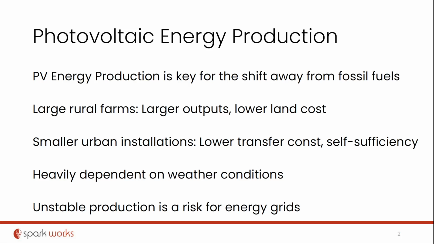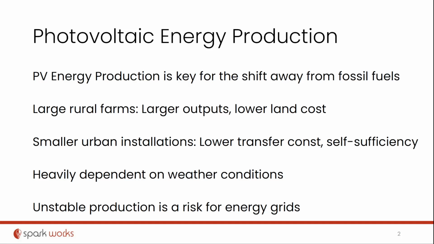Such installations are also heavily dependent on the weather conditions in the nearby areas, as the solar radiation that is received from the panels themselves can be heavily affected when there is rain or cloudy weather.